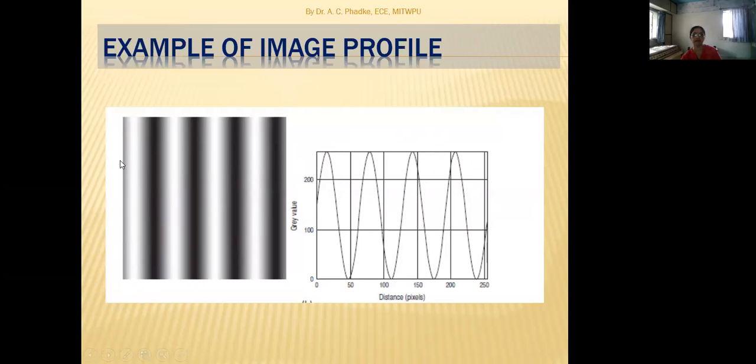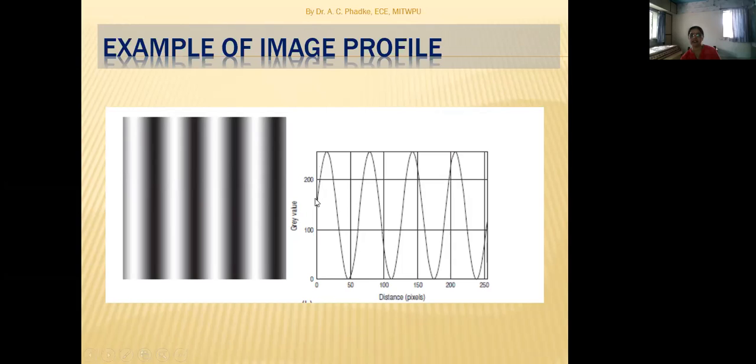Here, if you observe, there are some bright intensity values, then it is slowly increasing, it becomes completely white, and again it starts reducing intensity level, and here it becomes very dark shades. Again, the same pattern is repeated over one particular row. The same thing is shown here.